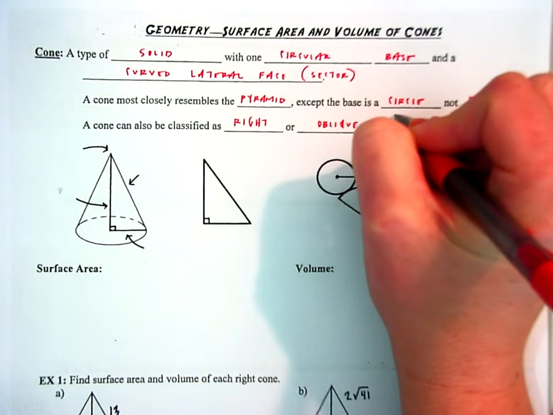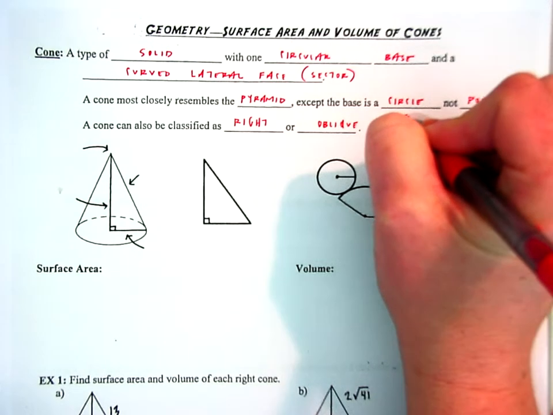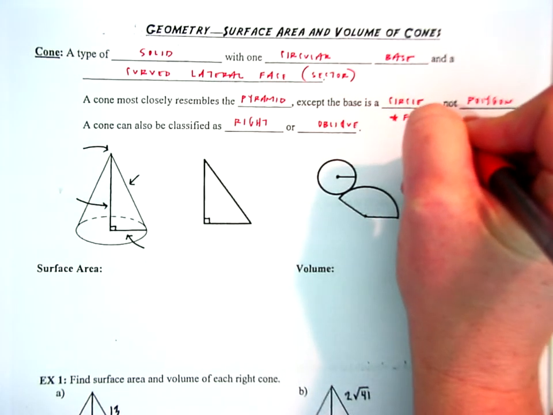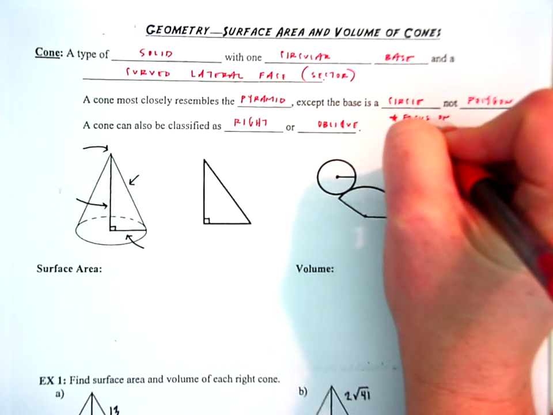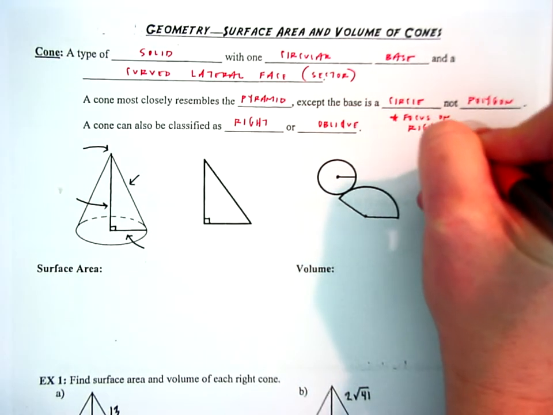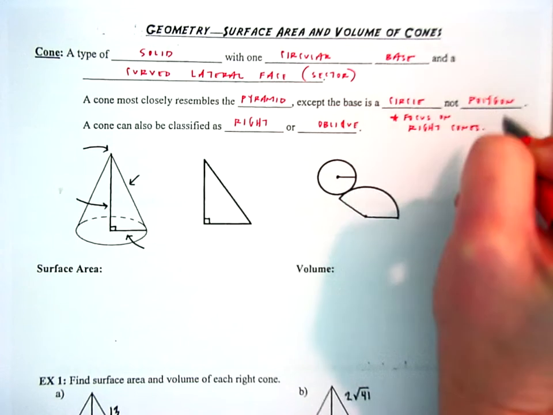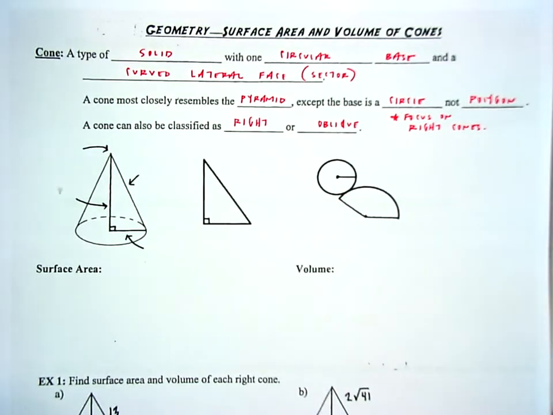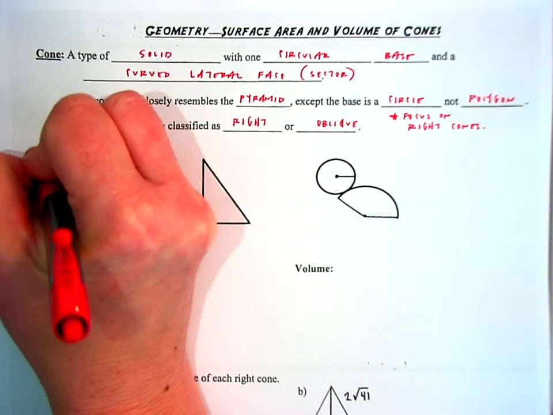But in this class, just like all the others, we're going to focus on the right cones. To take care of vocab to start, that tip at the top, we call that the apex.